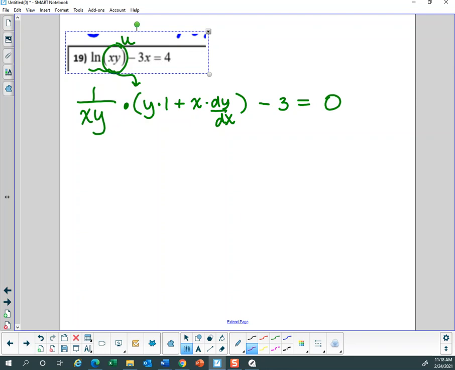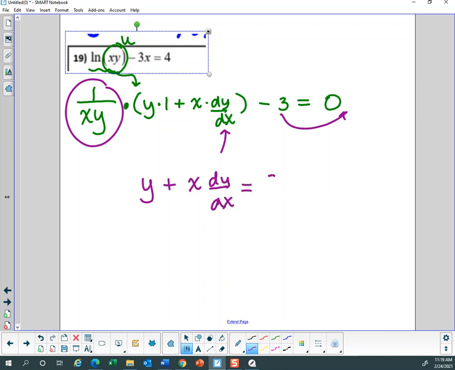Okay, so now look at this nonsense. I've got to get this by itself. I probably would multiply by, well, I'll move that over and I'll multiply by that. So y plus x dy dx equals 3 times xy.